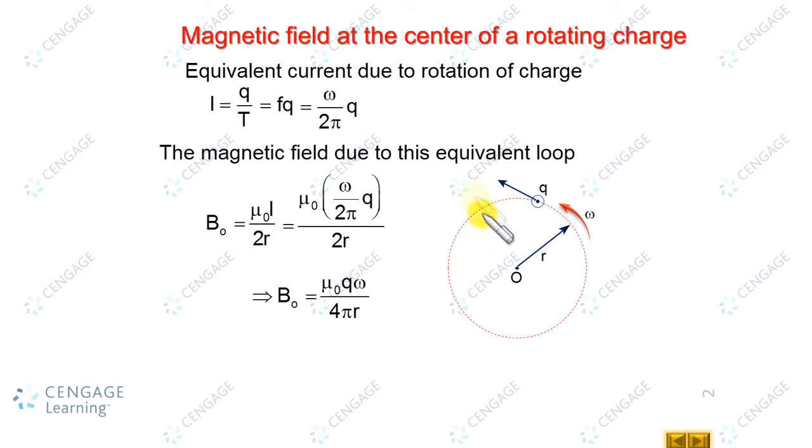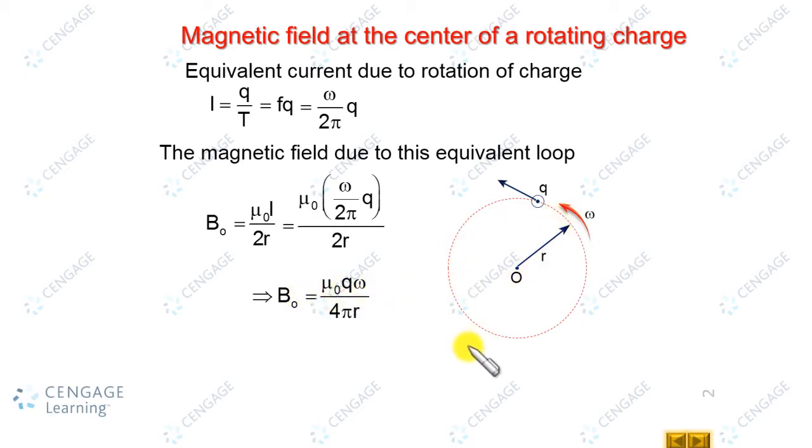If you consider this as a ring and consider any section, you can follow the tip of my pen and you will find in this time interval the same amount of charge will pass through that section. That means the equivalent current in case of the circular ring will be the same. That means we will get the same result as the point charge.